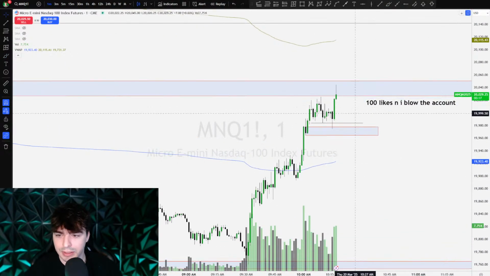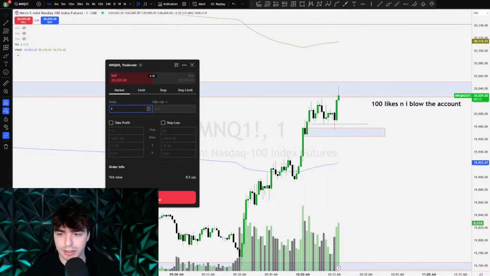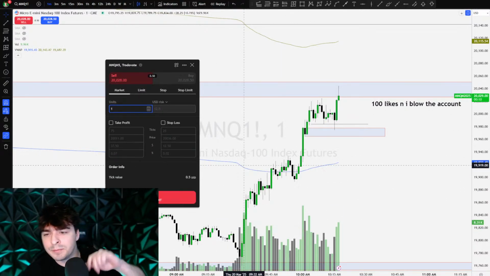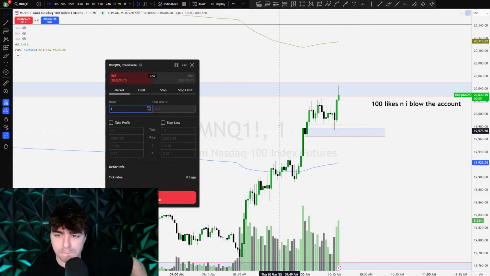Okay, this is an interesting candle here. Getting some rejection and high volume in our area of supply.